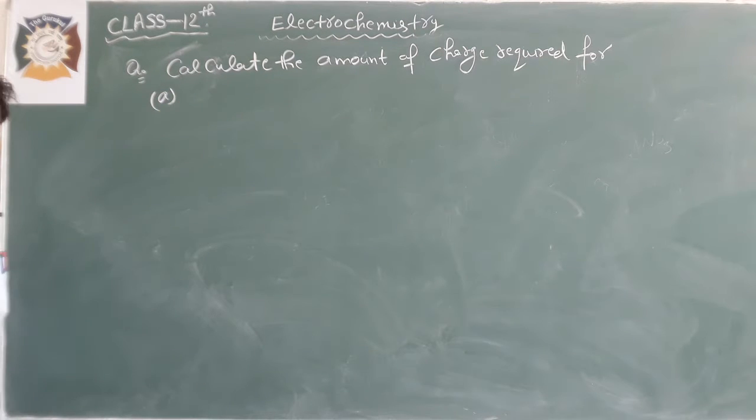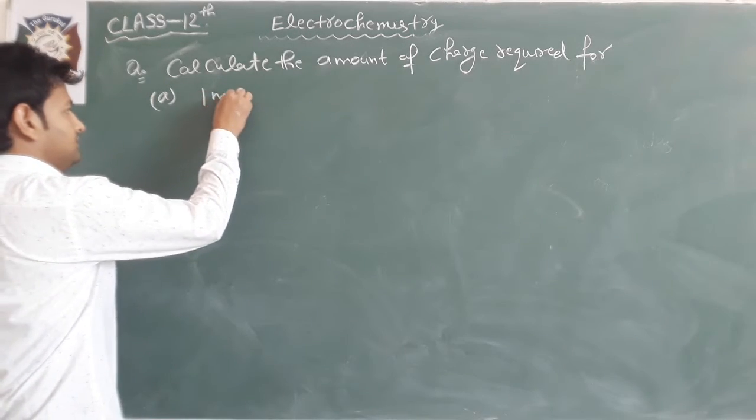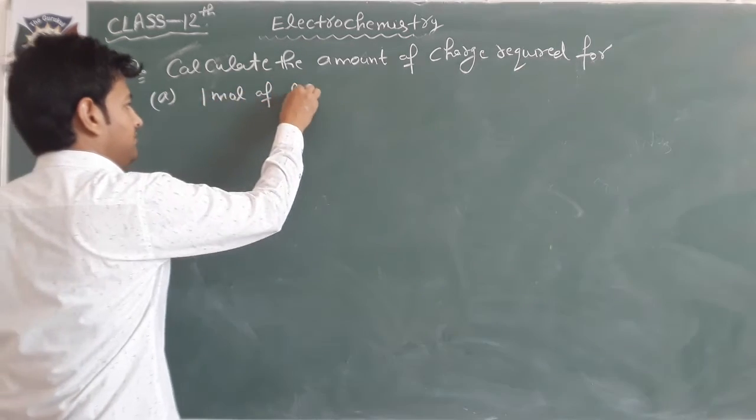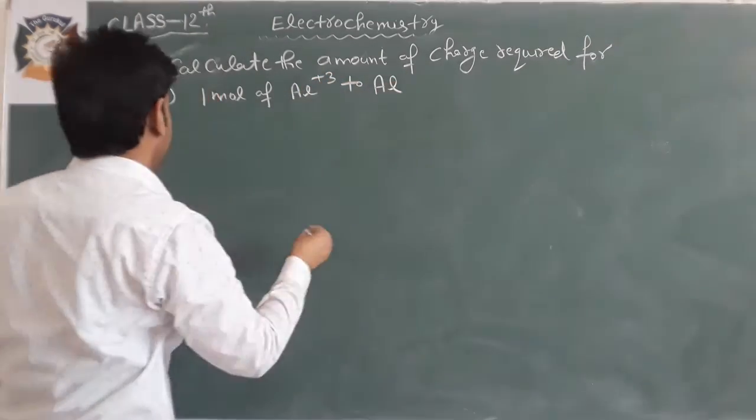First point is for the deposition of 1 mole of aluminium plus 3 to aluminium.